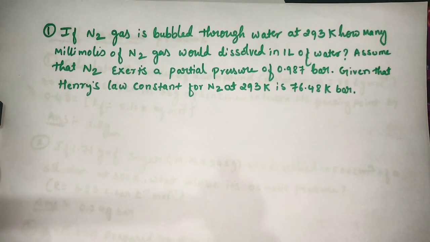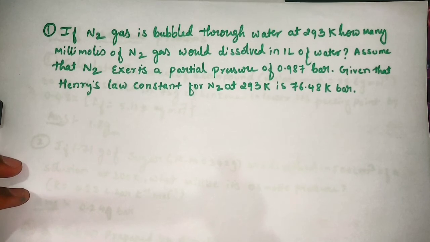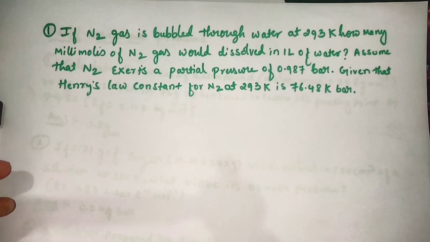Here they have given the partial pressure of N2, and the Henry's law constant for N2 at 293 Kelvin is 76.48 kilobar.